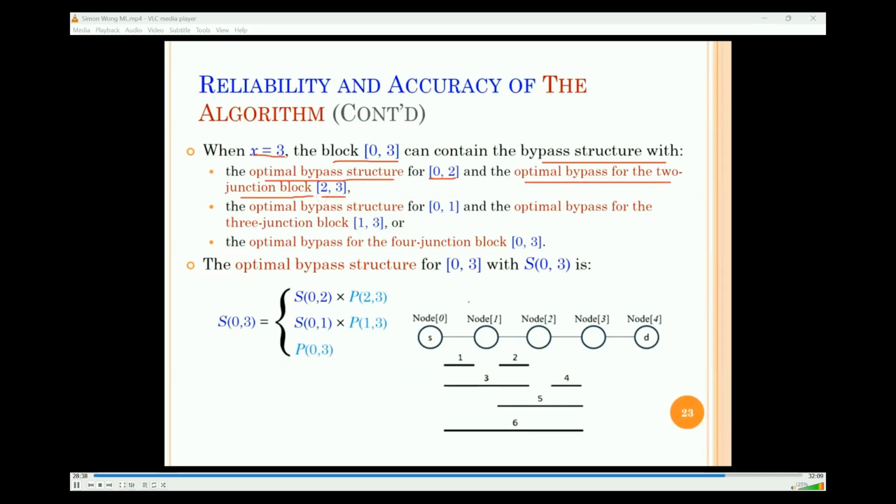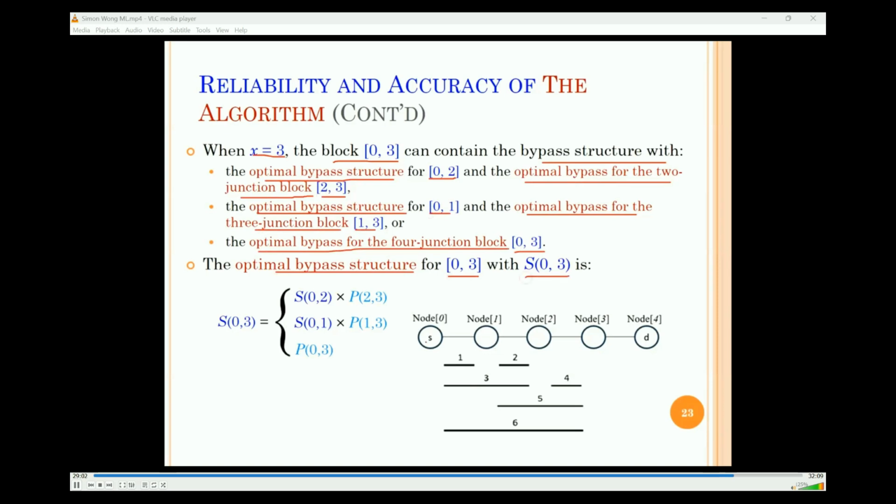Or the optimal bypass structure for 0, 1, and the optimal bypass for the 3 junction block 1, 3, or one optimal bypass between node 0 and node 3. So the optimum bypass structure for 0, 3 is S03.